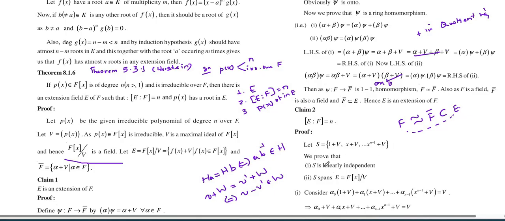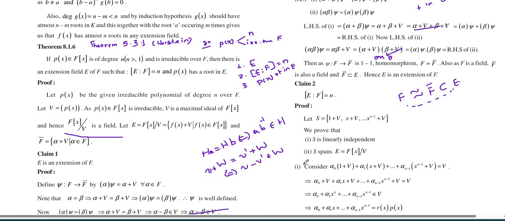If we prove that this S is linearly independent and S spans E, then we automatically have the dimension, starting from 1 to x power n minus 1. So there are n elements here. Once we prove that to be linearly independent and spans, this S becomes a basis of E. E is nothing but F[x] mod v. So from that we conclude the degree of E over F is n. So that is the idea.